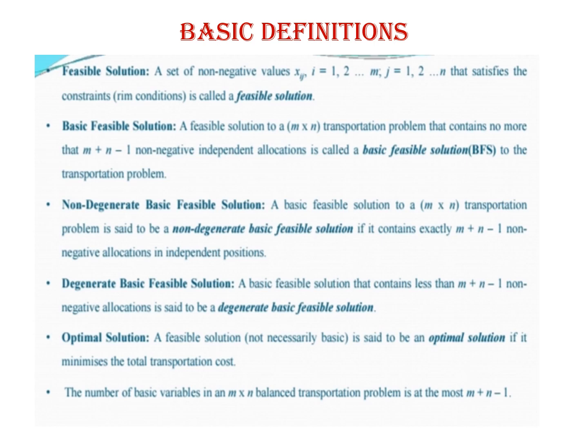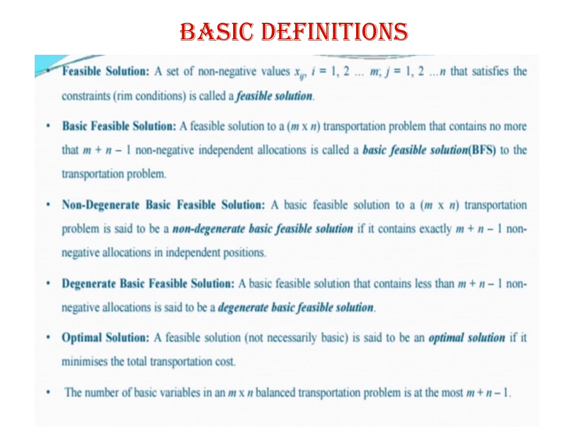Non-degenerate basic feasible solution: a basic feasible solution to an m cross n transportation problem is said to be non-degenerate if it contains exactly m plus n minus 1 non-negative allocations in independent positions. Degenerate basic feasible solution: a basic feasible solution that contains less than m plus n minus 1 non-negative allocations.